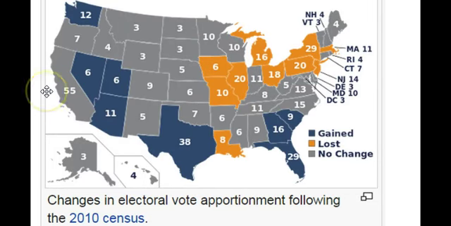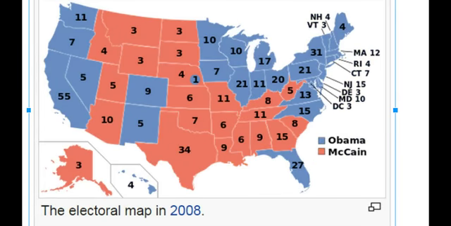California, with 55 electoral votes, has 53 representatives, and New York, which now is down to 29 and had 31 before, has 27 representatives in the House of Representatives, and Florida has gained 2, so it's up to 27 plus 2 as well. If we look back to 2008, we can see that Florida only had 27, and now it is up to 29. So back in 2008, Florida had 25 representatives plus its 2 senators.